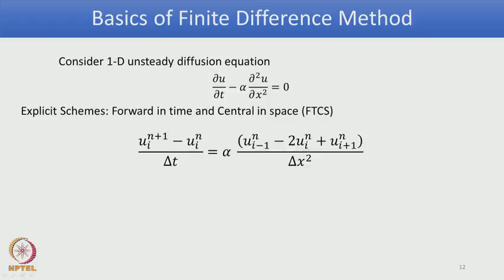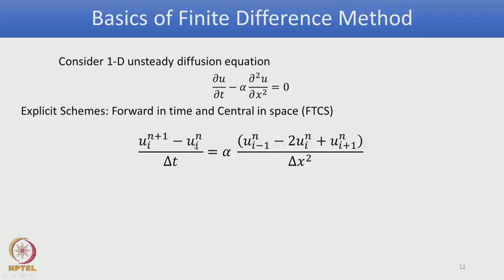Spatially, i is the point of interest, and you take values from either side of it: i minus 1 on the left hand side and i plus 1 on the right hand side. But all three quantities are known from the previous time level, that is why you have a superscript n appearing. So, it is central in space, forward in time.